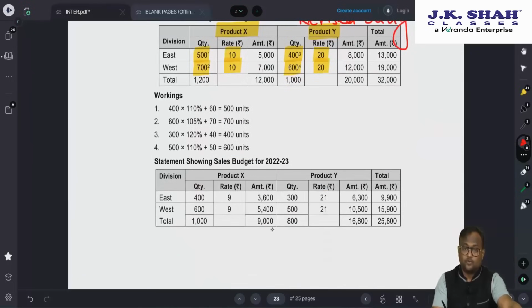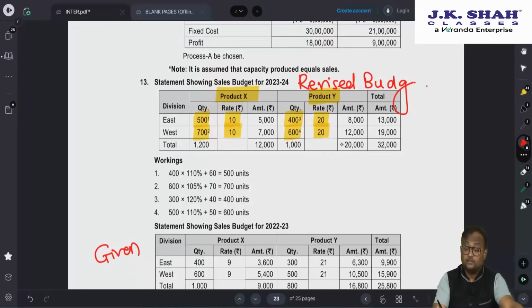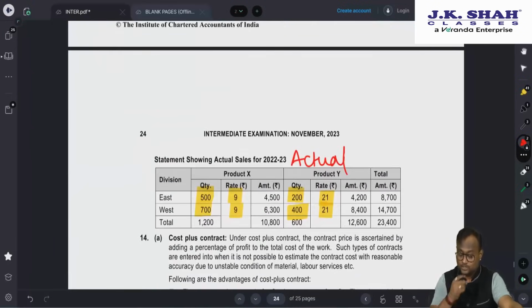This is your budget for 22-23 as they have asked. It is a simple calculation of the given data. This is revised data with the revised quantity, revised price, and this is your actual budget. There is nothing to be done in this apart from this.